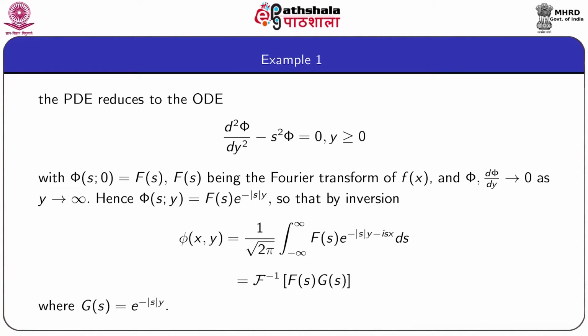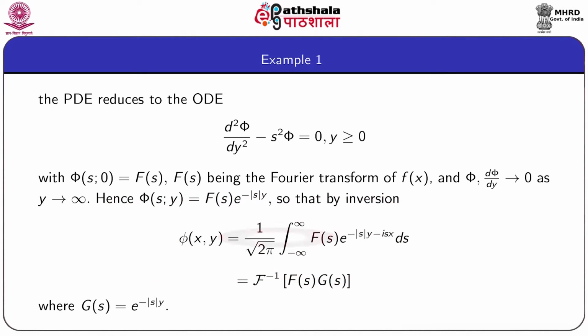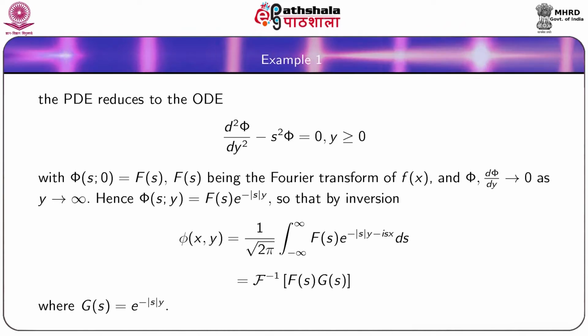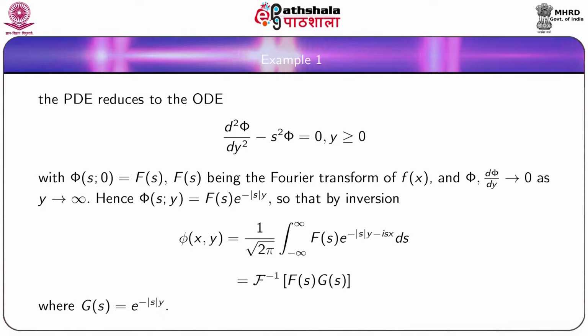equal to capital F(s) e to the power minus mod s y, and after taking the inversion of capital Phi, we obtain the solution small phi of the Laplace equation as small phi(x,y) equal to 1 by root over 2 pi integral from minus infinity to plus infinity capital F(s) e to the power minus mod s y minus isx ds, which is the Fourier inversion of capital F(s) into capital G(s).